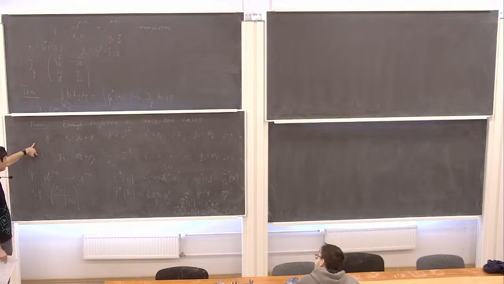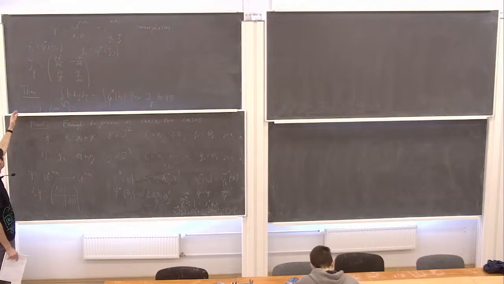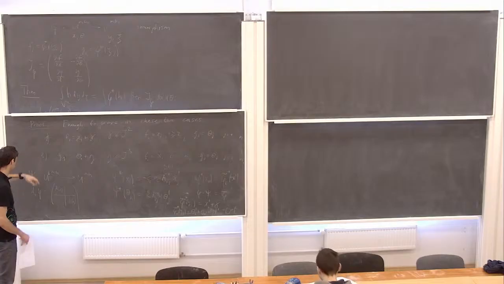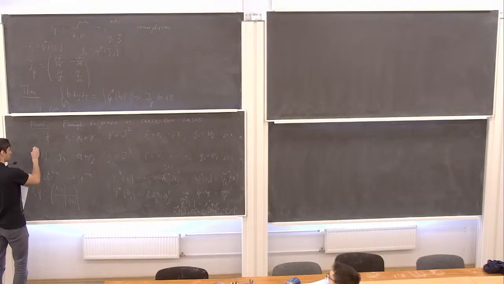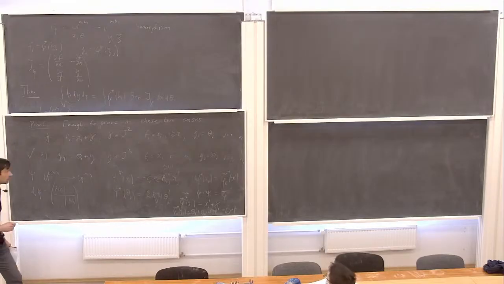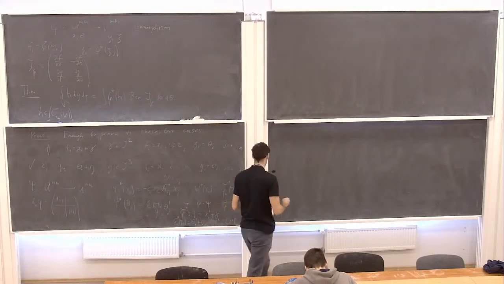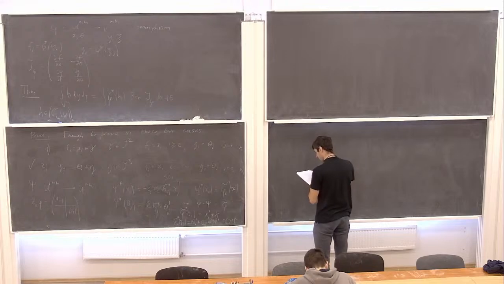Since the Jacobian matrix is multiplicative, if I compose my transformations, it corresponds to multiplication of Jacobi matrices. Then it's enough to prove just these two cases. I think this one we proved. Now let's prove the first one.